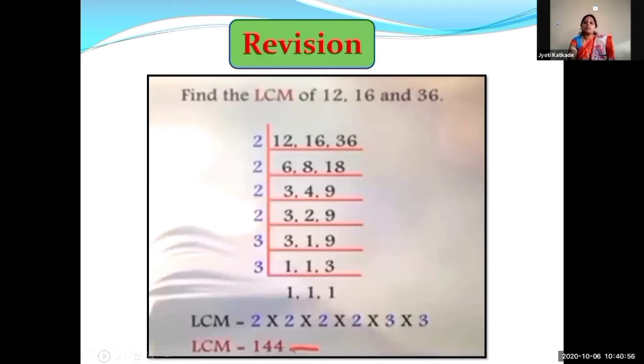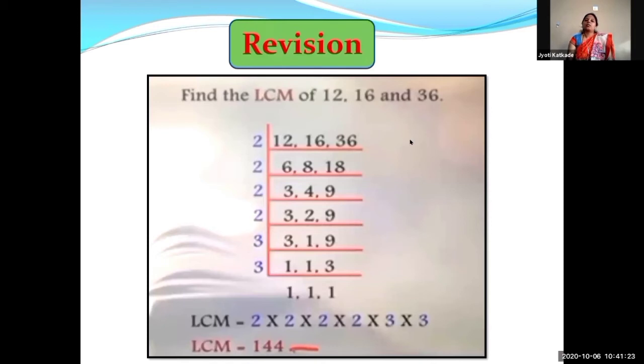These numbers are all divisible by 2. So divide 12 by 2, we get 6, since 2 sixes are 12. Now when we divide 16 by 2, we get 8, since 2 eights are 16. And then when we divide 36 by 2, we get 18.